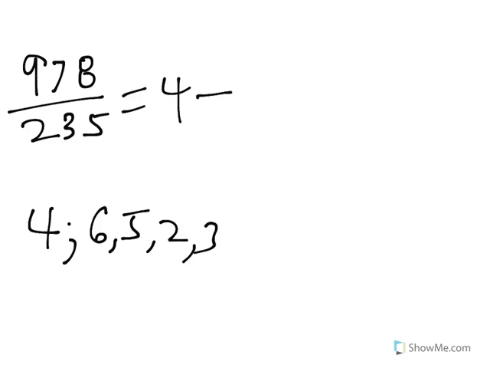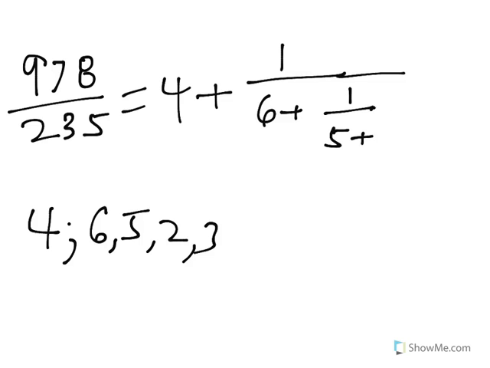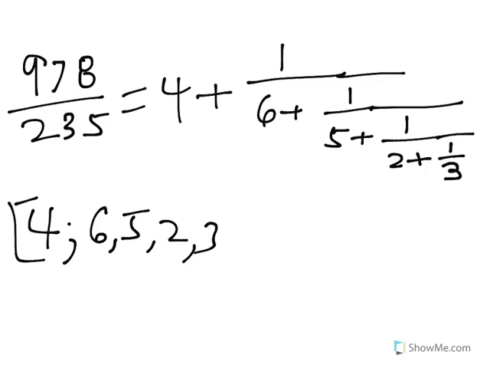In other words, 4 plus 1 over 6 plus 1 over 5 plus 1 over 2 plus 1 over 3. Our last denominator is just an integer. Sometimes you see these brackets around here.